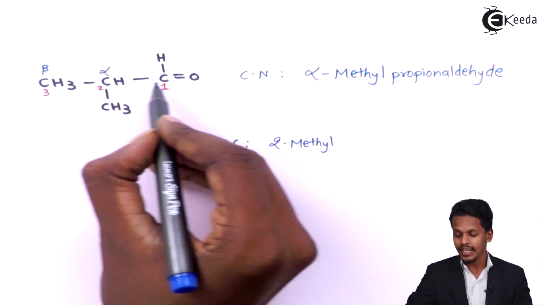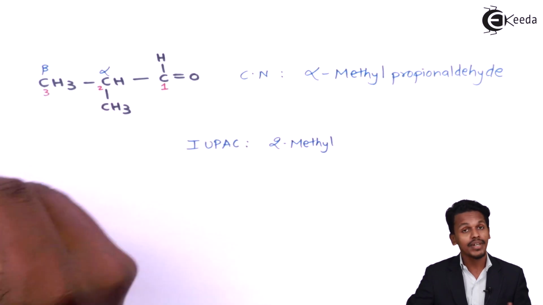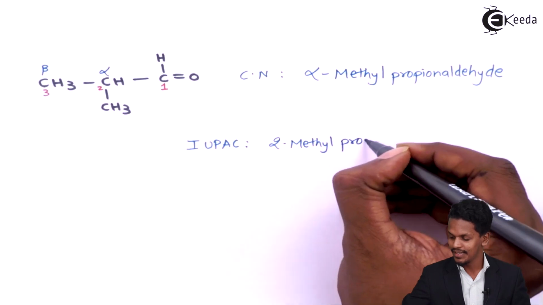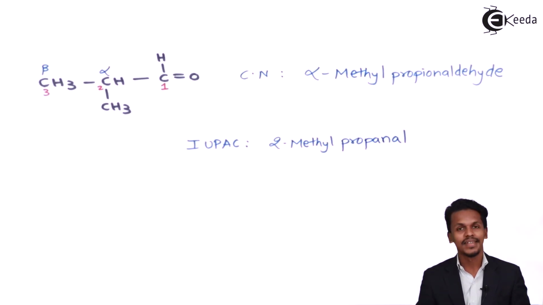The total number of carbons in a straight chain is 3. The name for 3 carbons is propane, but this is not a propane, this is an aldehyde. So therefore the name is propanal. Simple, that is 2-methylpropanal is the name of this organic compound.